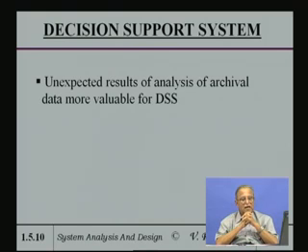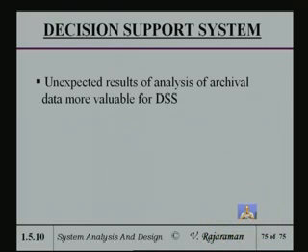So, in this module we have laid the groundwork for the design of information systems for use by organizations, and I talked about various types of information systems and functions of various functional divisions of organizations.